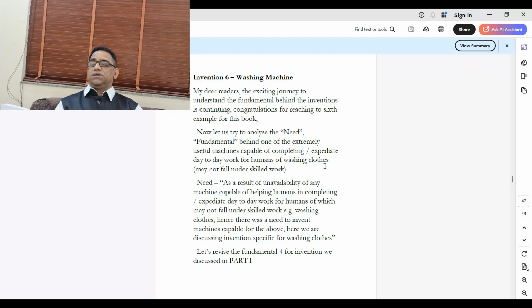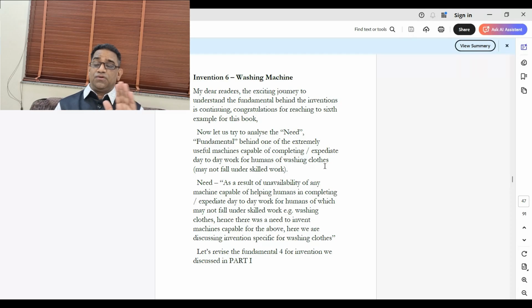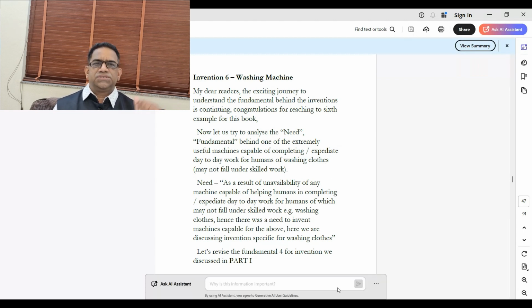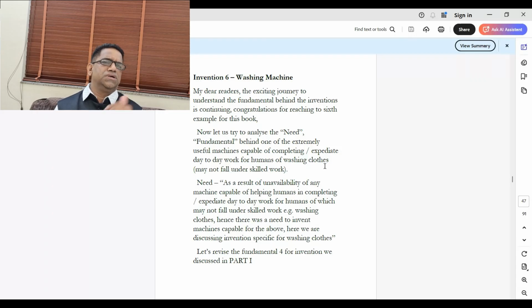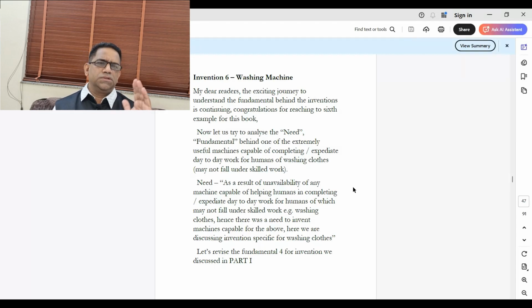Now let's analyze the need fundamental behind this extremely useful machine, capable of expediting the day-to-day work of humans of washing clothes, which may not fall under skilled work. I don't think any of us takes classes or tries to improve our skill in it for any reason, so that's why I'm not putting it in skilled work. Maybe there is an exception for some kinds of people, but that's fine.